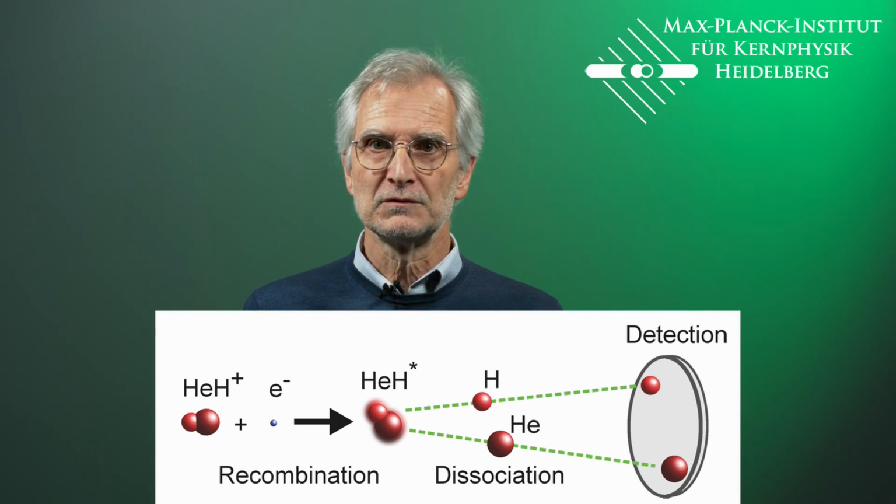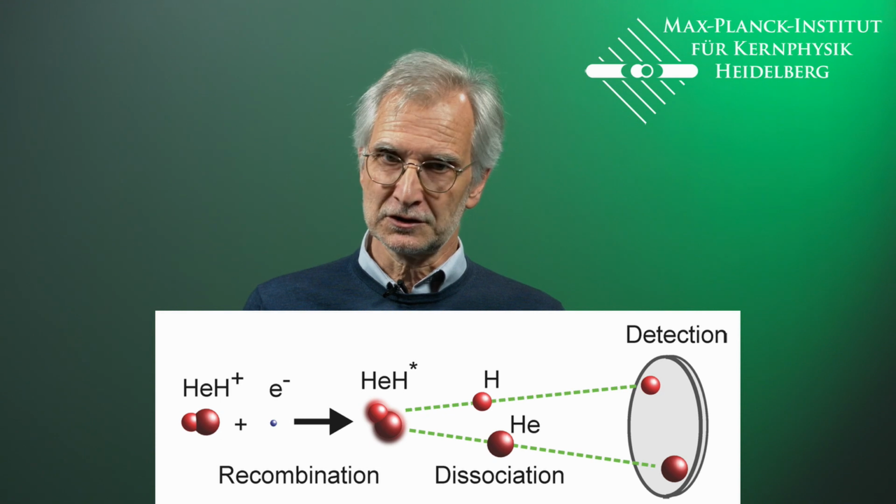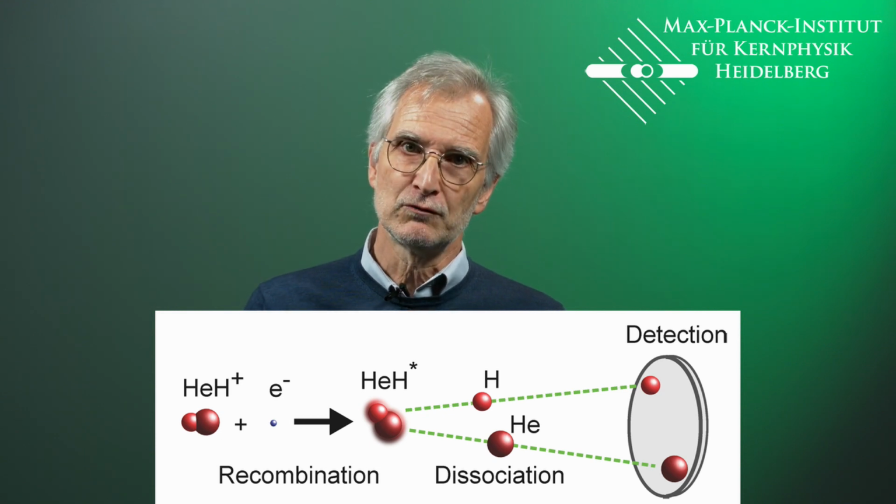And these two atoms we observe on our detector. We really count them one by one. And then we also measure the number of electrons and ions that we mix in our storage ring interaction zone. With this, we finally have a quantity which is calibrated and which gives the reaction rate in such a form that it can be used in the cosmological models.